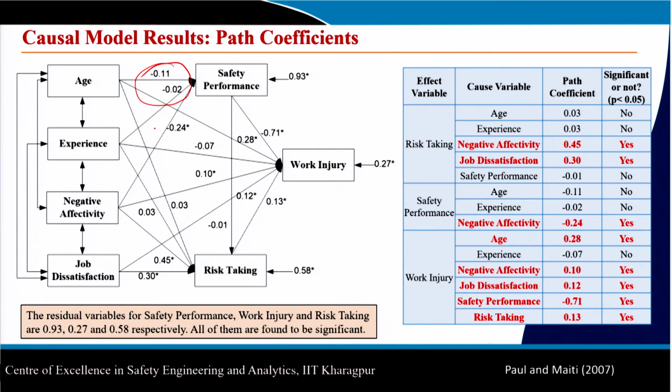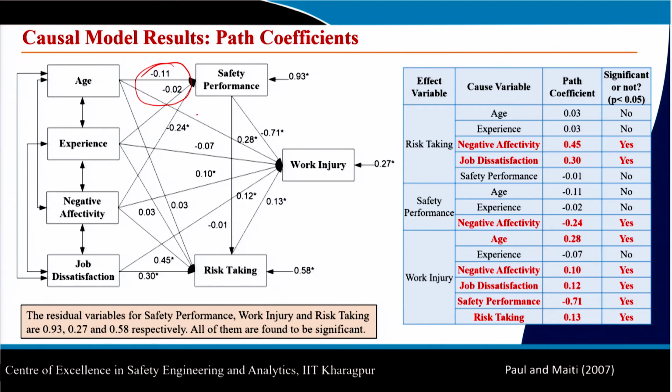So, as a result, we can conclude that age and experience are not contributing to safety performance, whereas if you see the bivariate, univariate case where non-accident and accident groups differ in terms of age and experience, you will find that yes, there is a gross difference, but actually these two are not contributing based on this model and with the data collected.